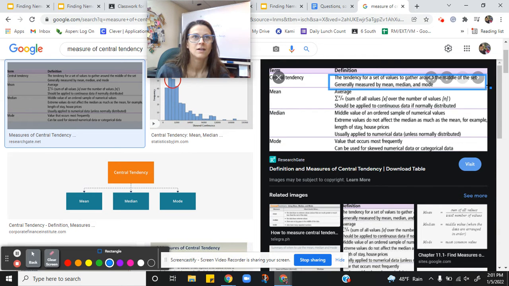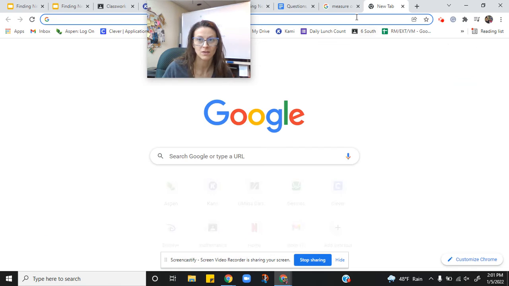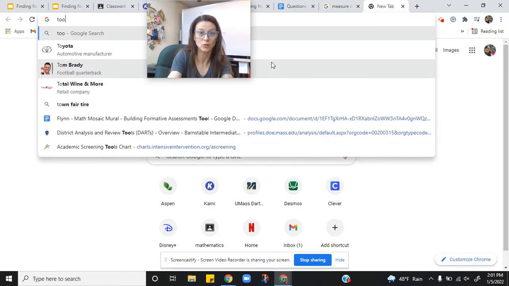So this idea that when you collect data, if you collect enough of it, it'll all gather towards the middle, generally measured by mean, median, and mode. So now these are tools. Like you measure height with a ruler. Now mean, median, and mode are our tools in our toolkit, okay? So think of literally a toolkit.